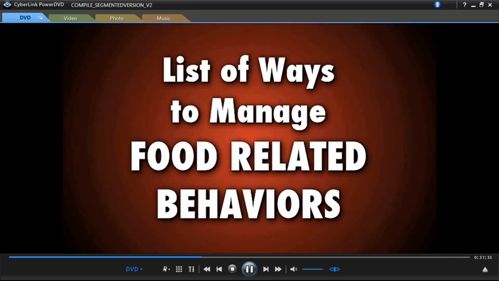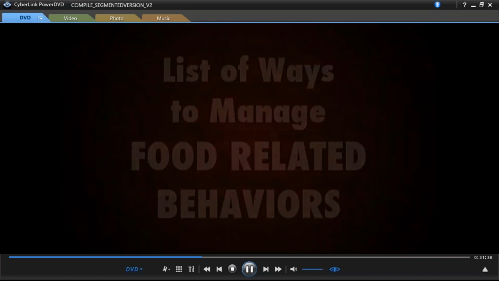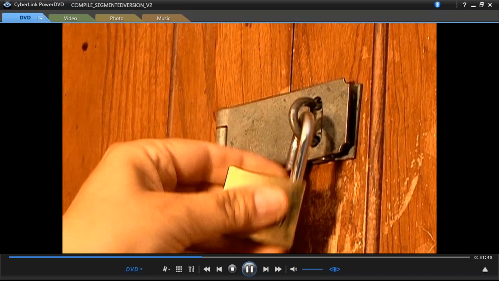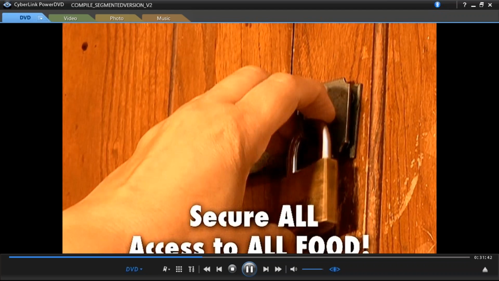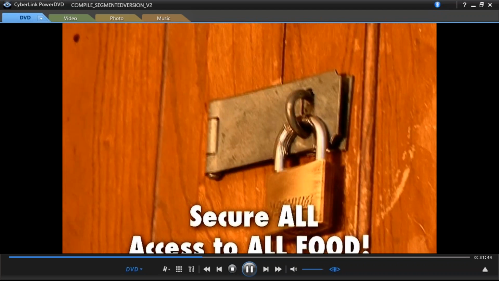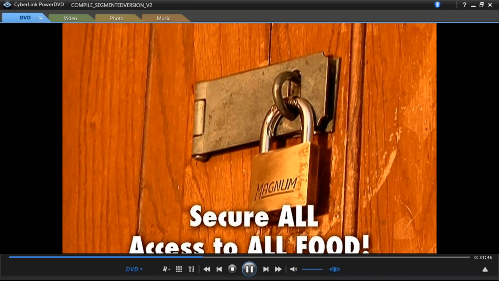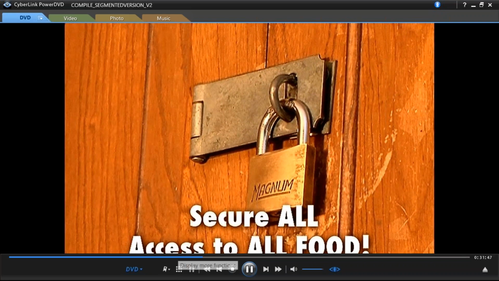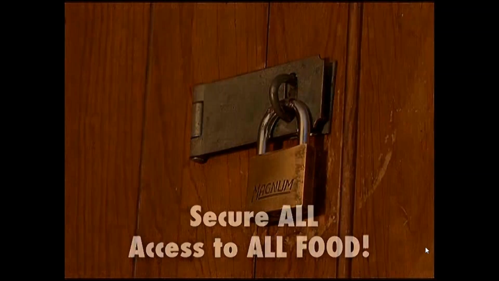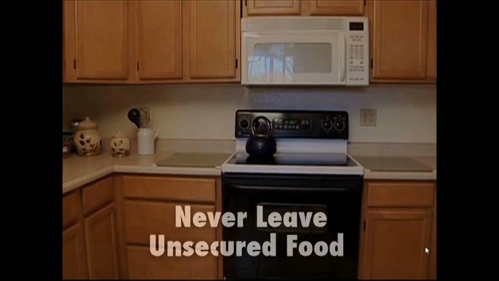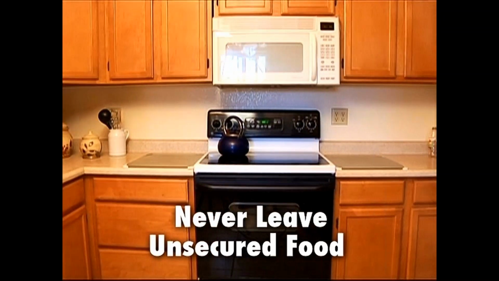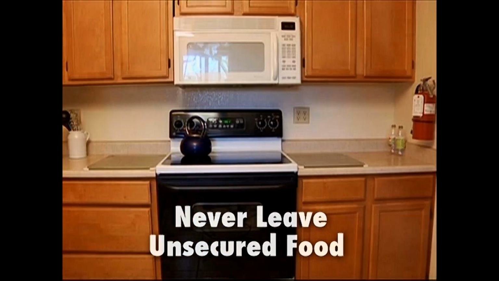Securing all access to all food all day and all night is critical to creating a calmer, safer home environment. Never leave unsecured food in an unattended kitchen. Secure inside trash cans and outside trash bins.